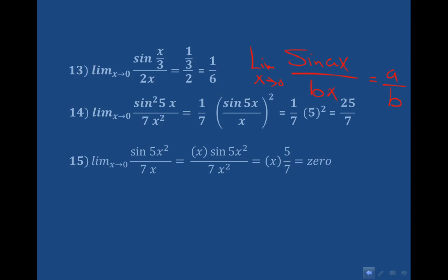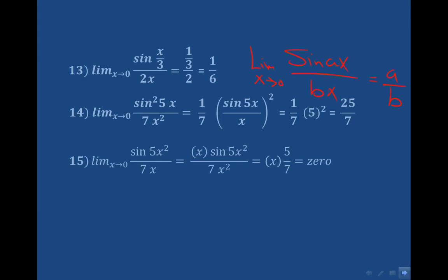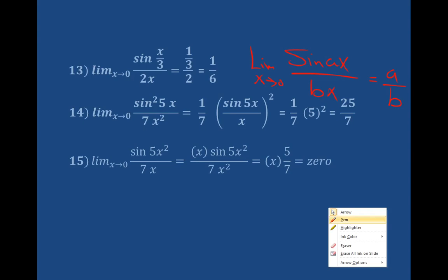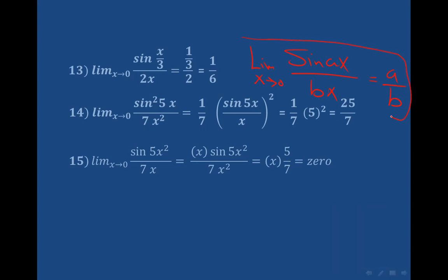Again, another problem. Limit when x tends to 0 of sine 5x squared over 7x. To solve this problem, to find the limit, take care. As we said with the previous rule, the limit when x tends to 0 of sine ax over bx equals a over b.